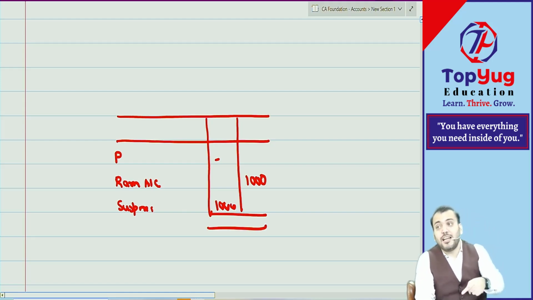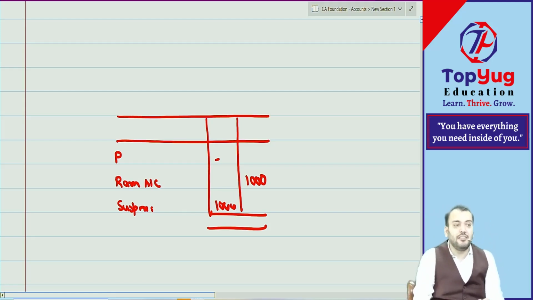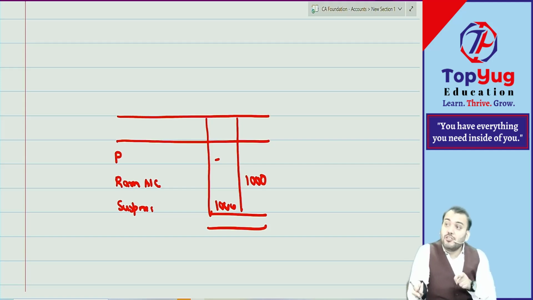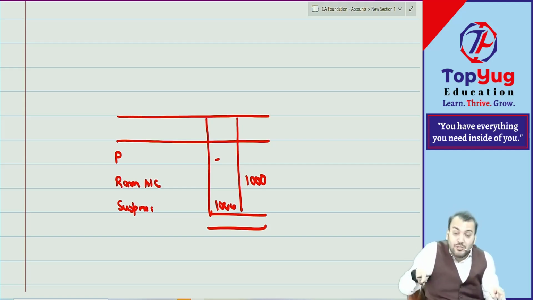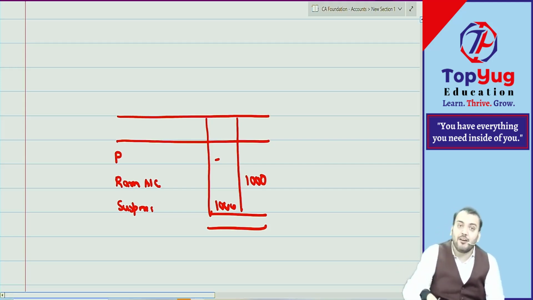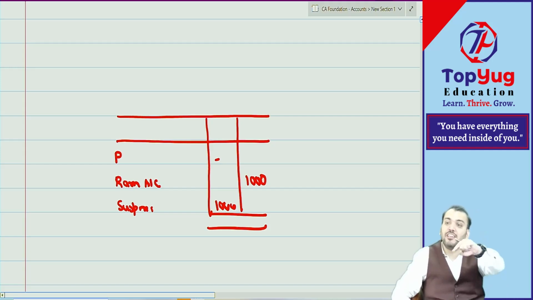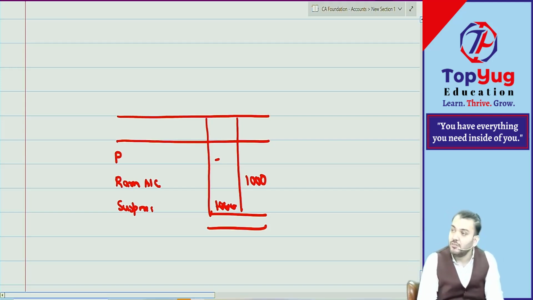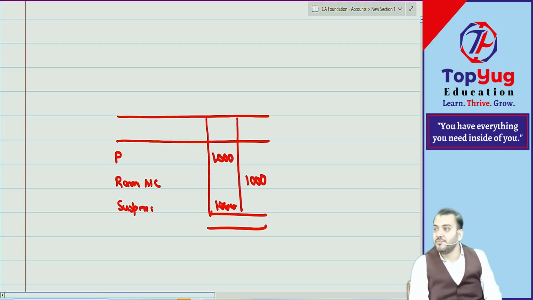Because of that mistake the suspense account is originally debited. So while rectifying you will credit the suspense account, because it needs to be closed by the rectification entry. So which account do you need to debit? The respective account, which was not initially debited. Purchase account debit to suspense account. When you pass this entry, this becomes 0 and this becomes 1000. Automatically the trial balance will now tally with the correct account.